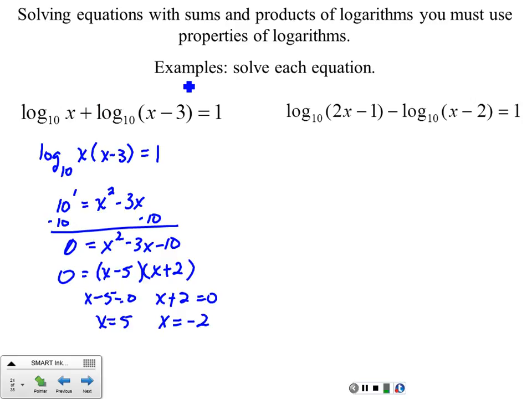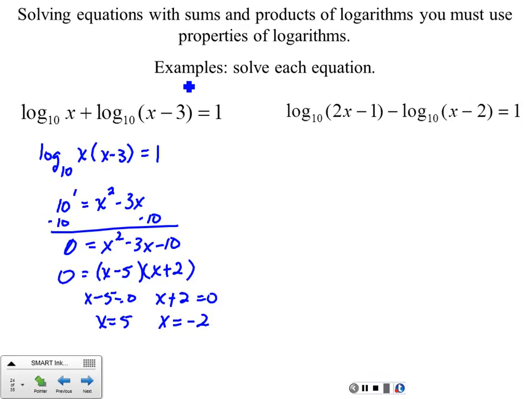Word of caution, and you need to write this down. Make sure you understand this for your test. You cannot take the log of a negative number. Now, having said that, your argument cannot be negative. Okay? Having said that, when you solve these equations and you come up with a negative number, don't automatically just throw it out.